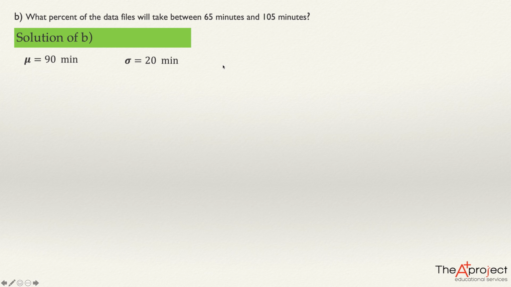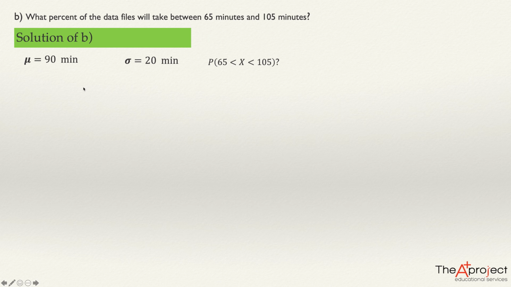So the question written in math words is: what is the probability that the random variable x, the time to transfer and clean the file, is greater than 60 and smaller than 105? This is the same as saying that it is between 65 and 105 minutes.